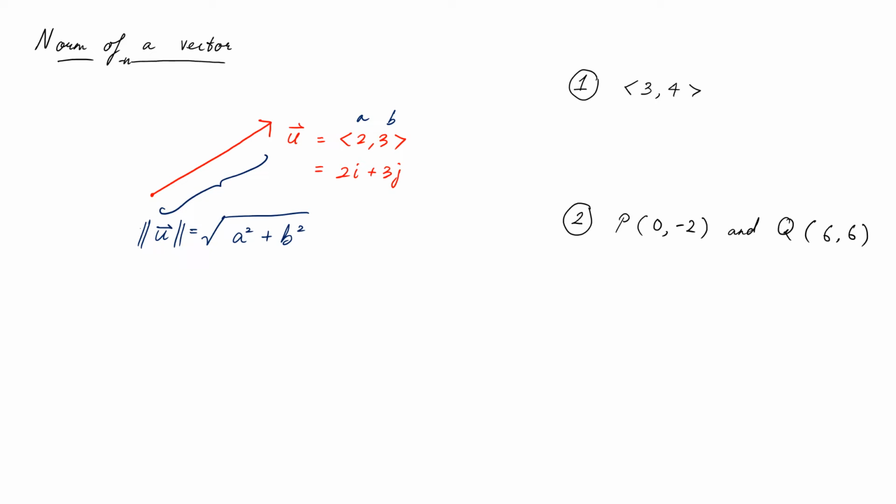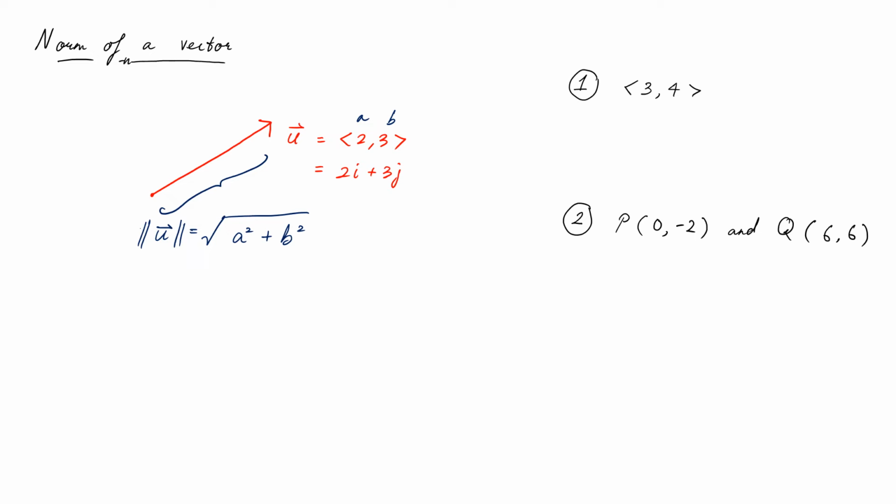Now, how are we going to use this formula? Looking at the right side of the screen, we have two examples. Let's go over example number 1. Given a vector (3, 4), with 3 in the x-axis direction and 4 in the y-axis direction, or usually 3i plus 4j.